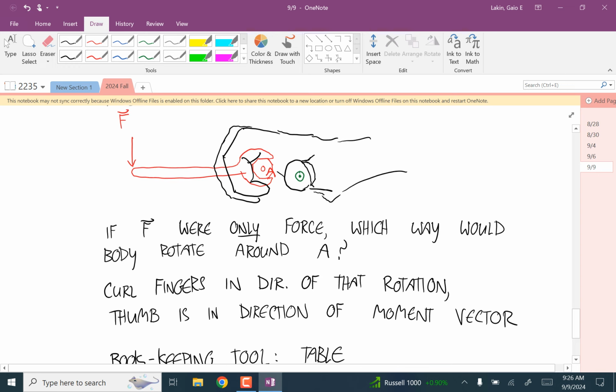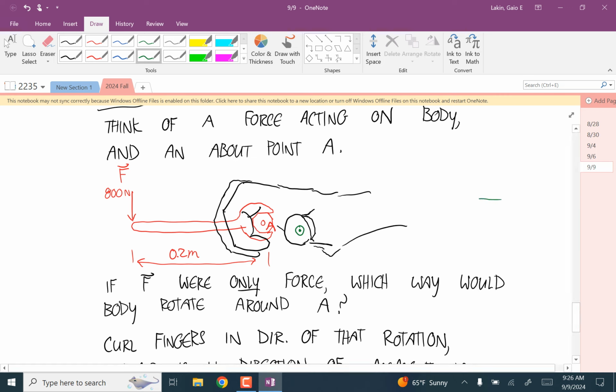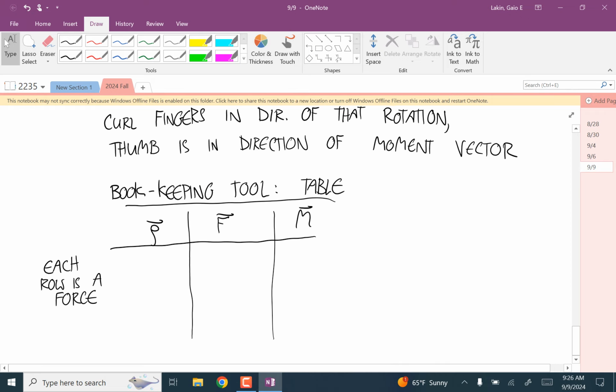Let's say that this force is 800 newtons, and this length here is 0.2 meters. Let's calculate the moment. It should be in the positive z direction. We're going to use a coordinate system like this. Let's fill this out.